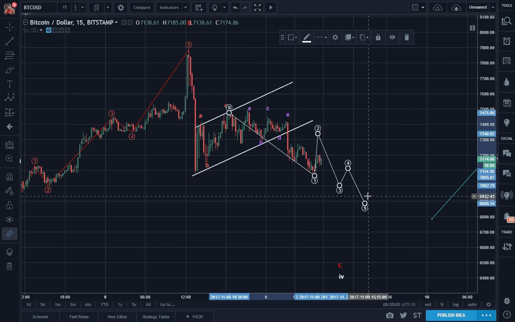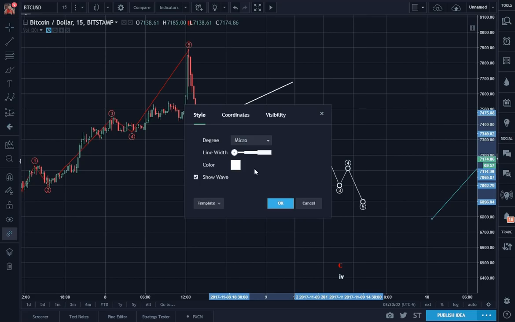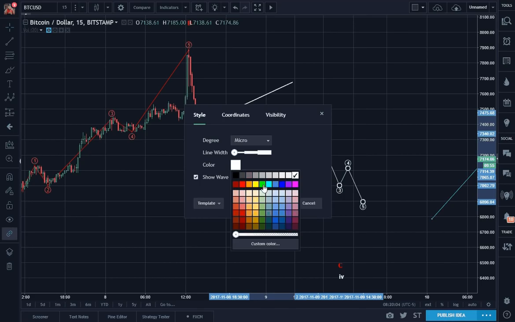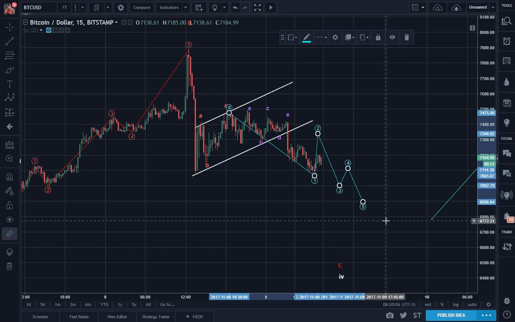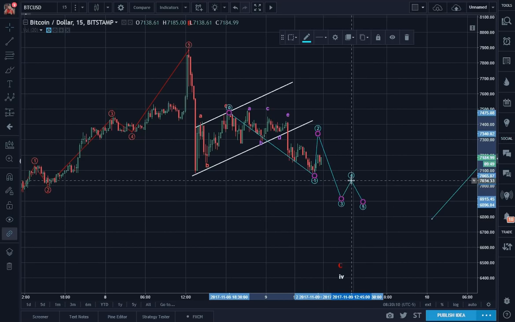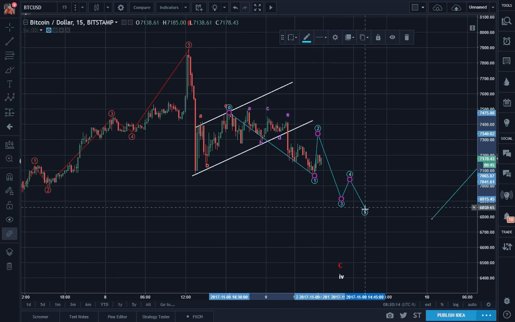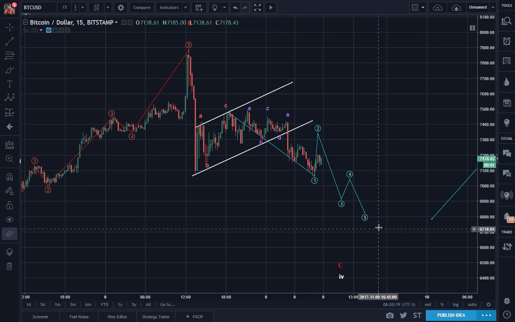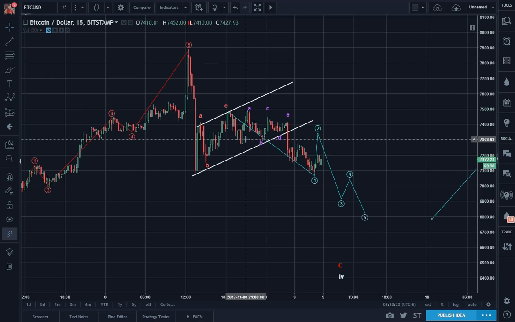There you go. 4 cannot overlap with the peak at bottom of 1. This will be extended 1 as well. So 2, 3, 4, and 5 will be approximately 0.681 of 1.